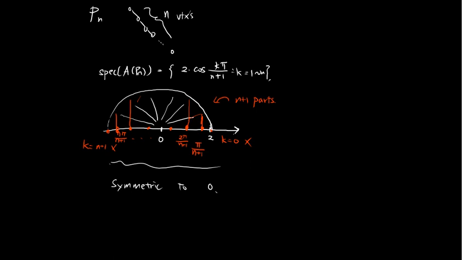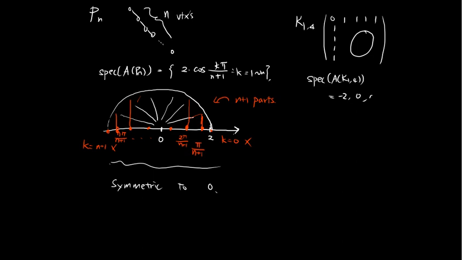And let me give you one more example, which is K_{1,4}. This is a bit easier. And if you really calculate the eigenvalues, in fact, now you know how to calculate the characteristic polynomial, right? So you should be able to know what the eigenvalues are. The eigenvalues are equal to -2, and then 3 zeros, and a +2.